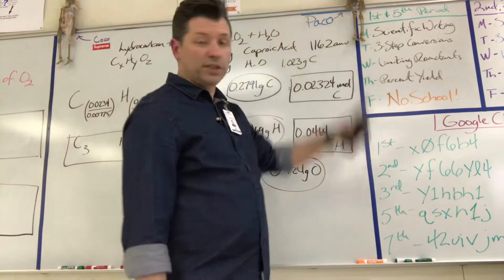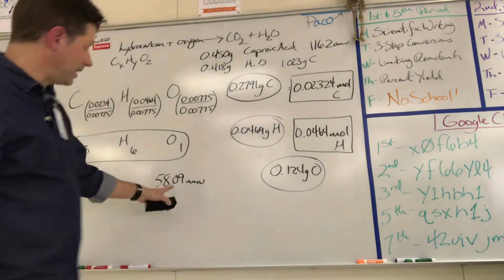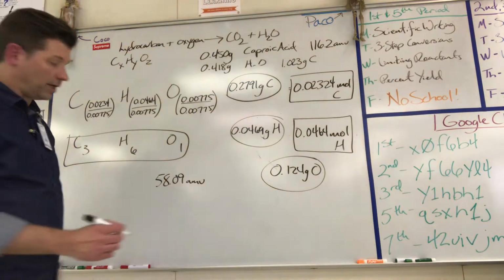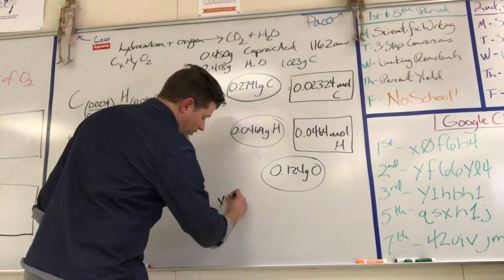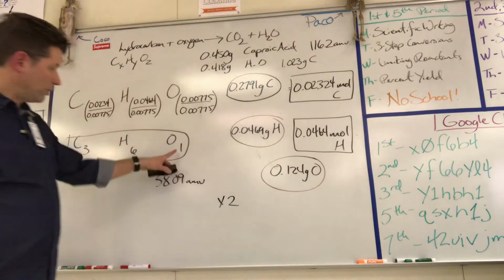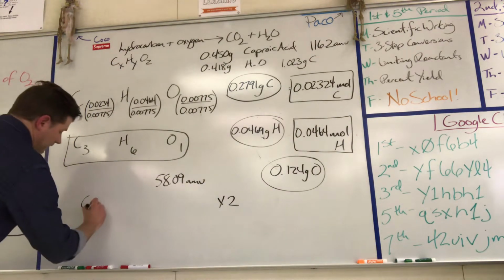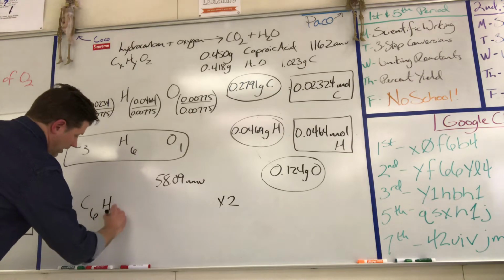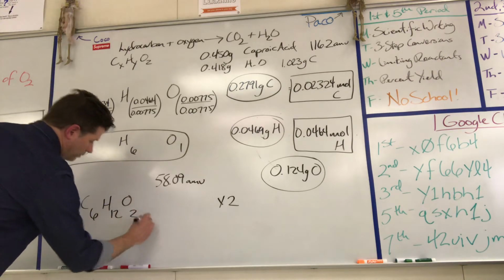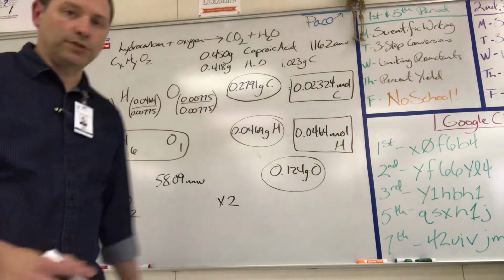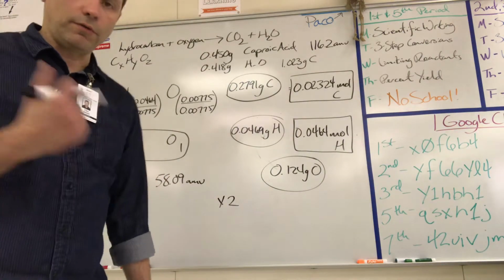If you take 116.2 and divide it by that, you get a factor of about 2, just a little bit over times 2. So multiply 2 times each one of these, and it's C6H12O2. That is your molecular formula for caproic acid.